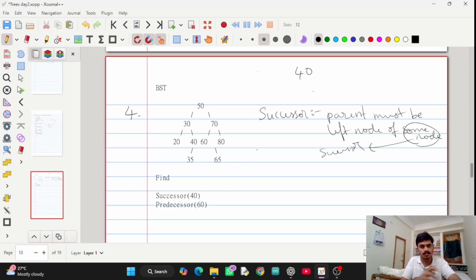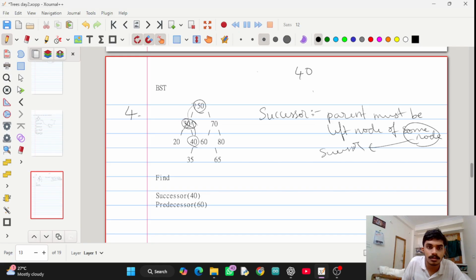For example, let's consider this example. 40. Is 40 a left node of 30? No. Hence this is not the successor. Now go up. Now consider 30. Is 30 a left node of something else? Yes, it's the left node of 50.